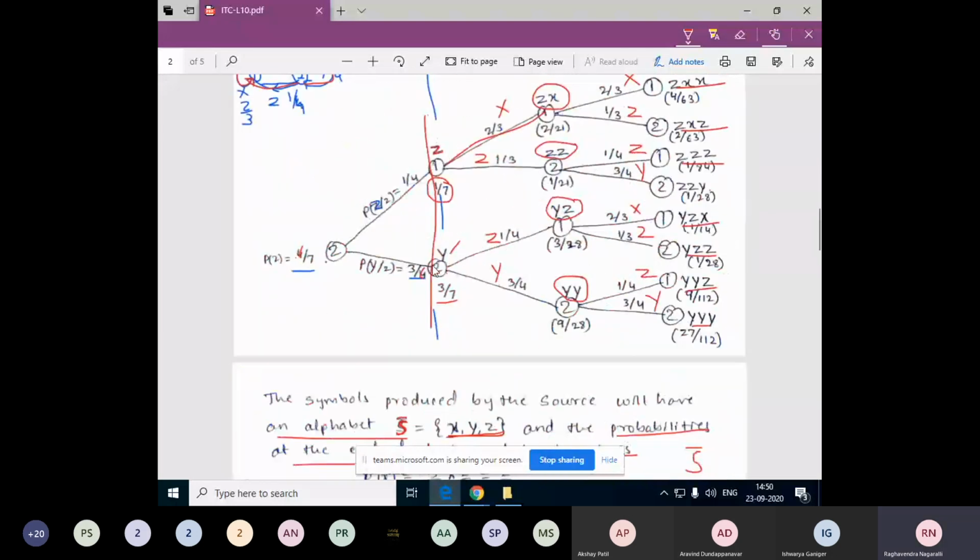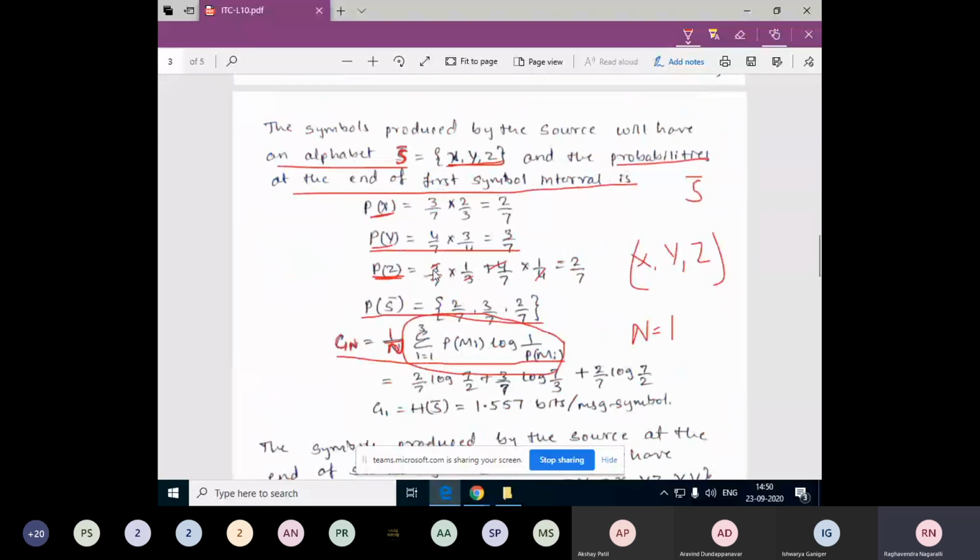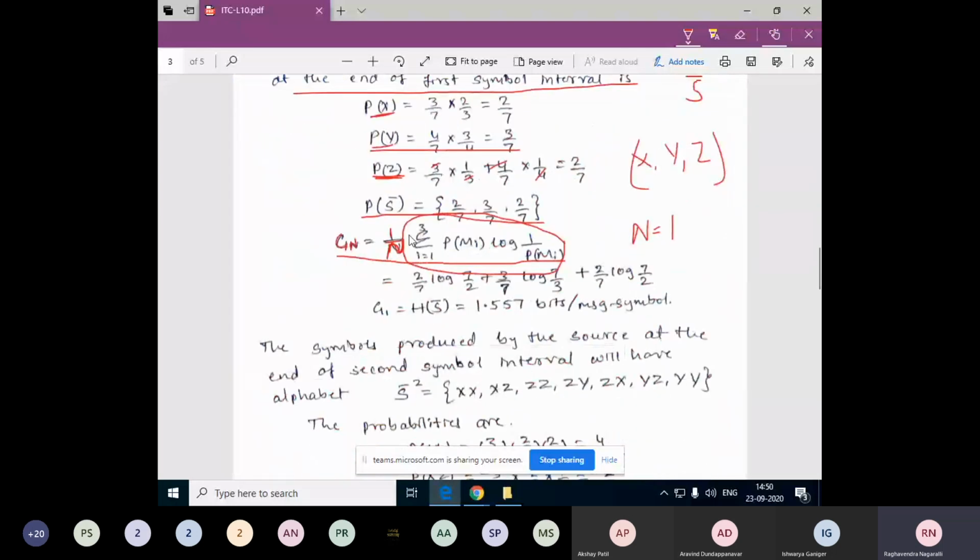This n represents the length of the symbol emitted, and the length of the symbol emitted is 1 here. So that's why n is equal to 1, and we will ignore this value for G1.